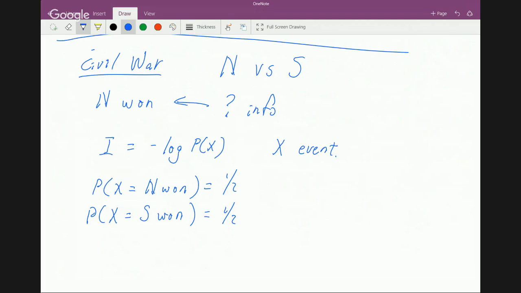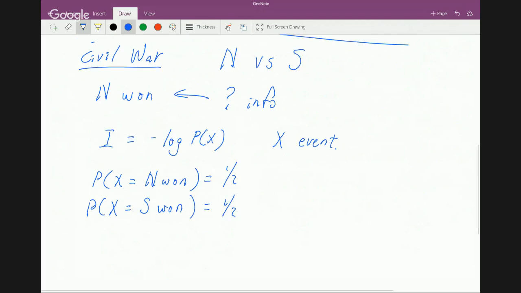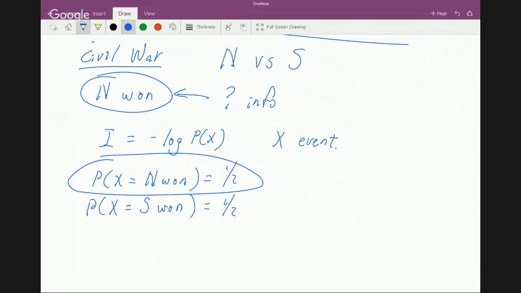Somebody just told you that the North has won, so this is the event, and therefore I is equal to minus log of 1/2. If you remember your calculus class, this is equal to 1. So this is 1 bit of information, assuming we used base 2.